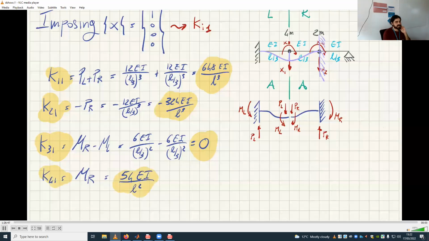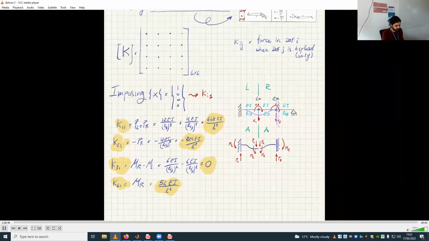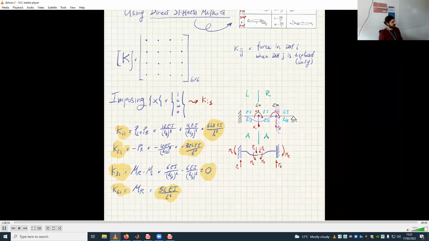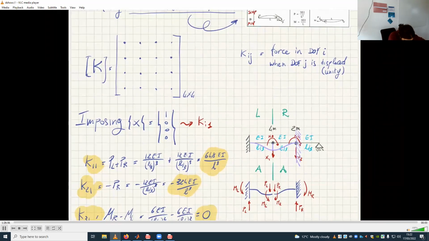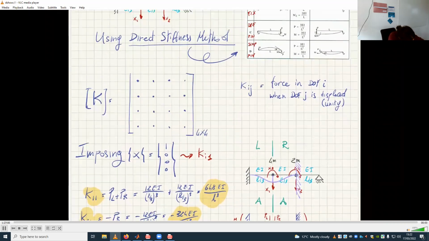Okay. Now I can just go in my big matrix and put all these numbers in. So let me take this out. So I'll take EI over L cubed out. And then this is 648.